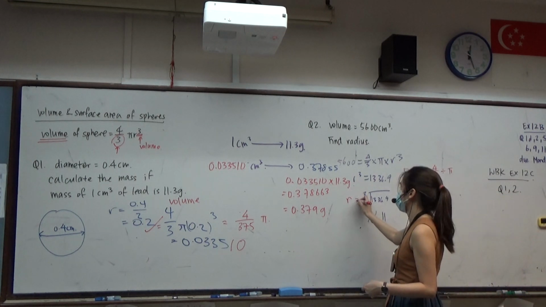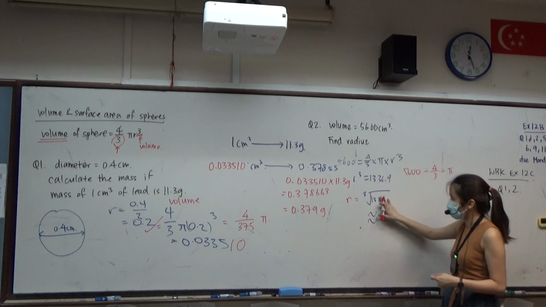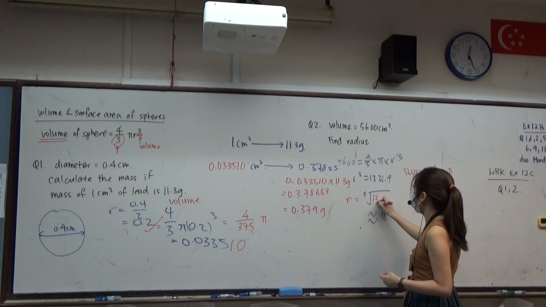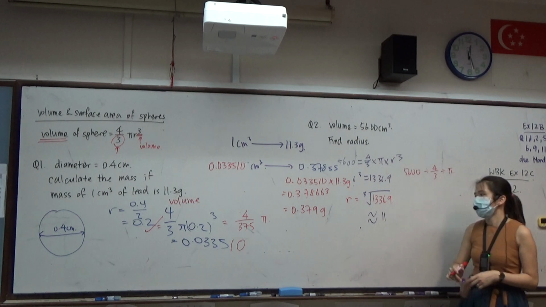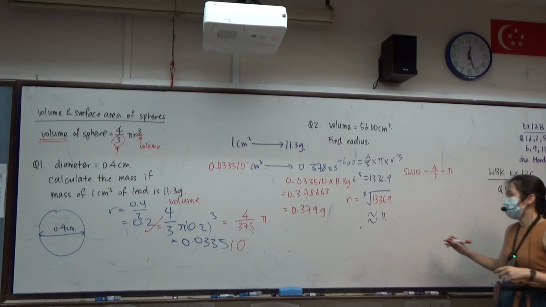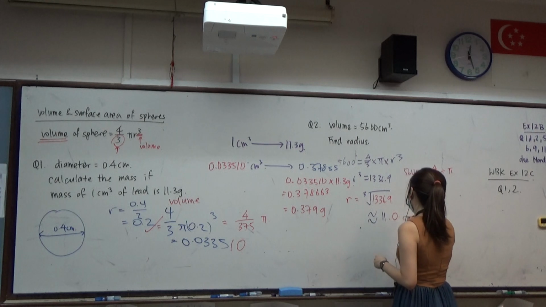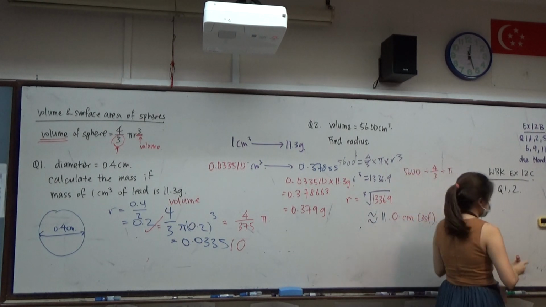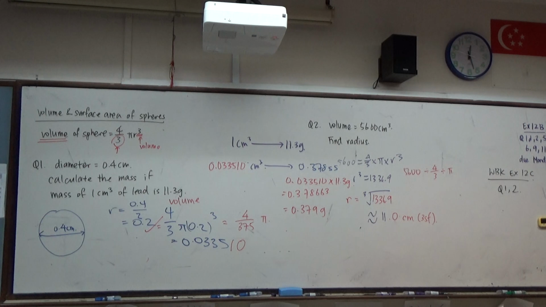Then r is equal to the cube root of 1336.9, and he got the answer 11. Is 11 sufficient? What should it be? 11.0. Why must it be 11.0? Very good. Although the 0 sounds insignificant, it is significant.